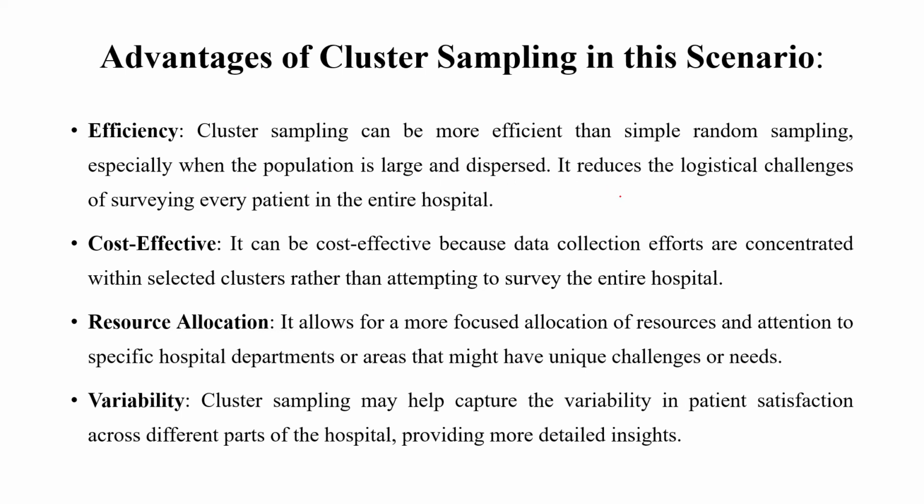It reduces the large logistical challenges of surveying every patient in the entire hospital. It is also cost effective, because data collection efforts are concentrated within selected clusters rather than attempting to survey the entire hospital. Resource allocation: it allows for a more focused allocation of resources and attention to specific hospitals, departments, or areas that might have unique challenges or needs.